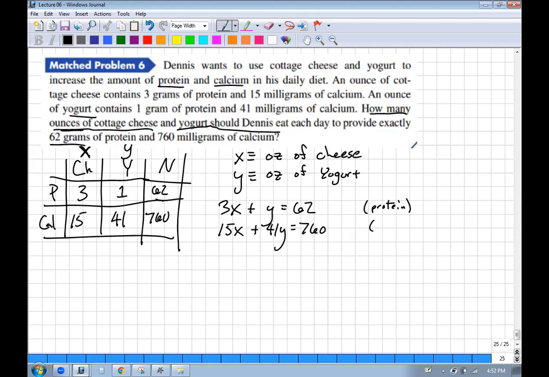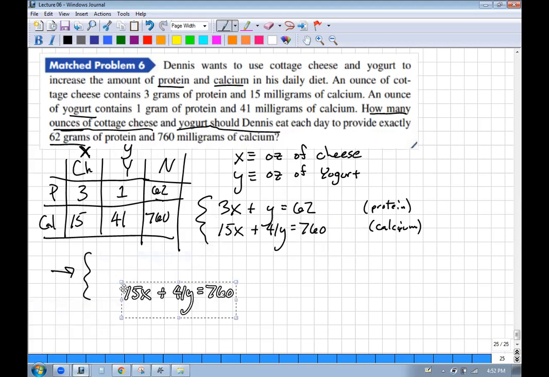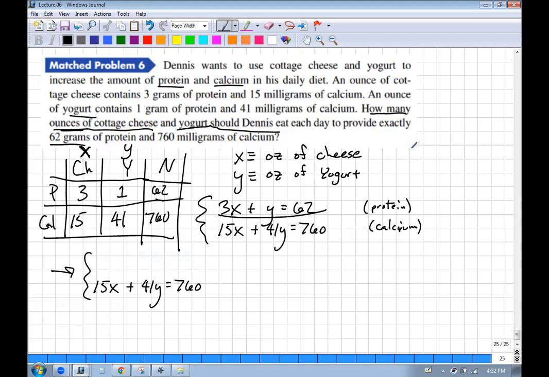So this is my calcium. All right, so there's my equations. Okay, so I'm going to multiply this by a -5. I'll keep this one.